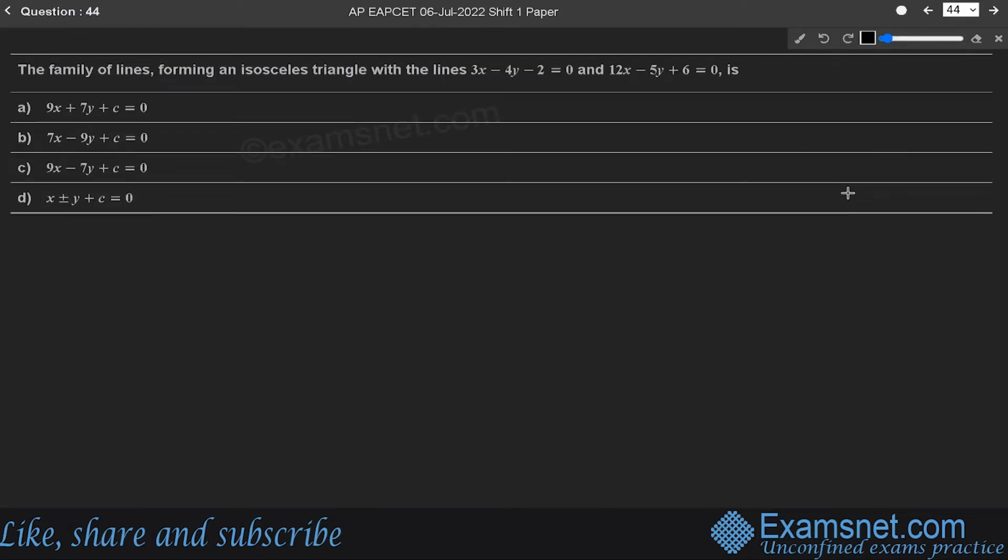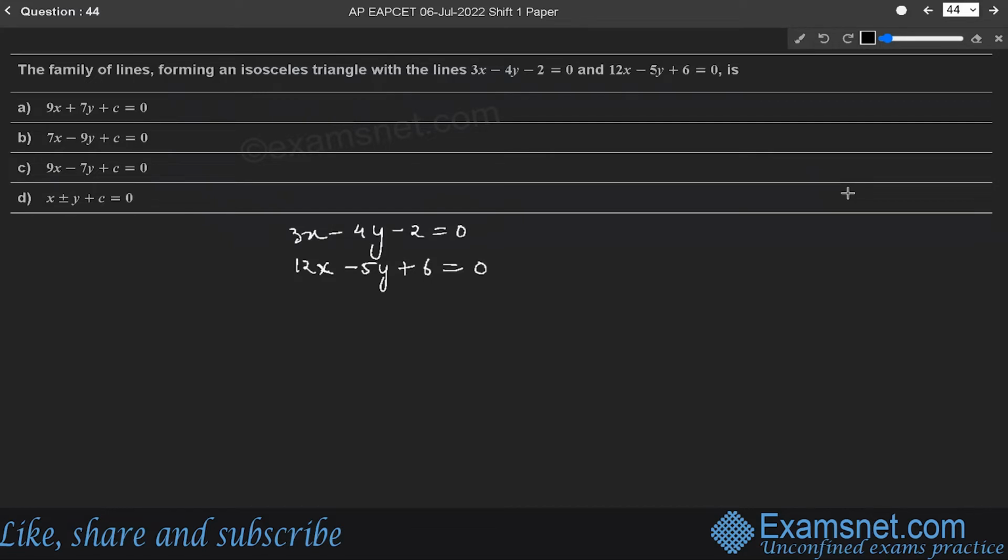Next question is: the family of lines forming an isosceles triangle with the lines 3x minus 4y minus 2 is equal to 0 and 12x minus 5y plus 6 is equal to 0 is.